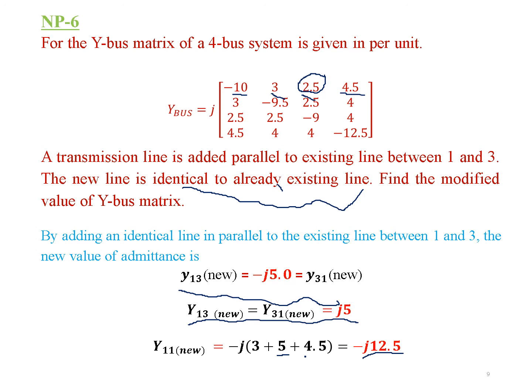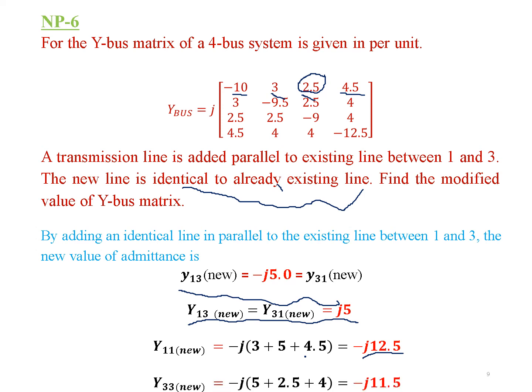Y11, Y12, Y13, Y31, and an additional 2.5 is added with this. So the modified value is minus j12.5.